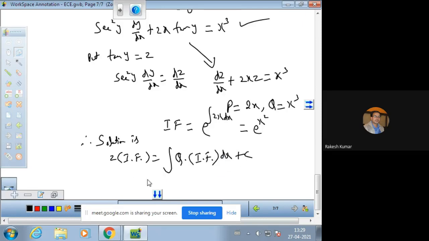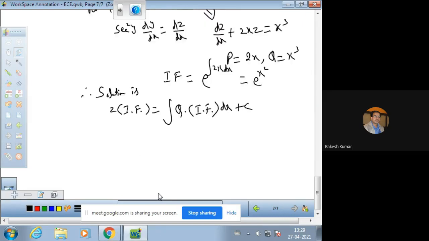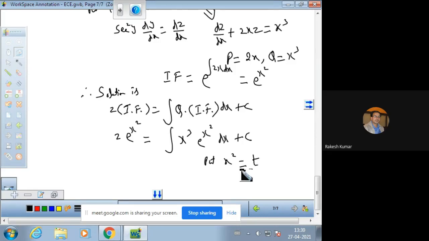And you can use the values: z is as it is, integrating factor is e raised to power x square, q is x cube e raised to power x square dx plus c. Now you can put x square equal to t here, so 2x dx is equal to dt.